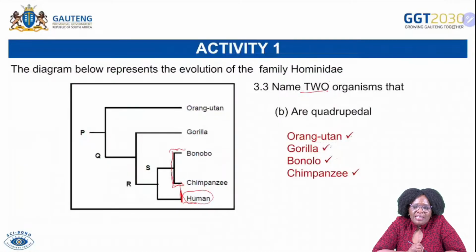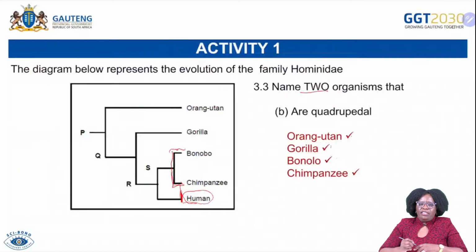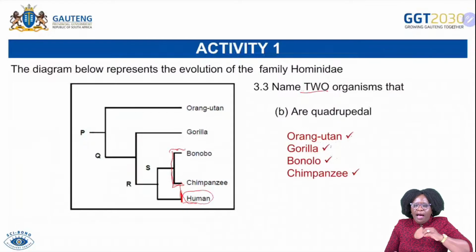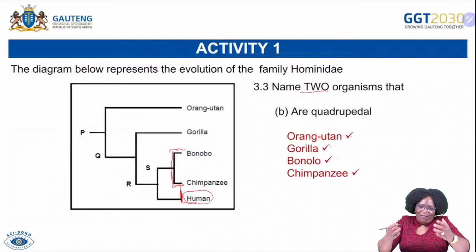Just as a reminder, the advantage of bipedalism is that the organisms have a bigger surface area, and they are able to view far, to see danger from far, and their hands are free to carry objects or to carry babies. That is the advantage of bipedalism.